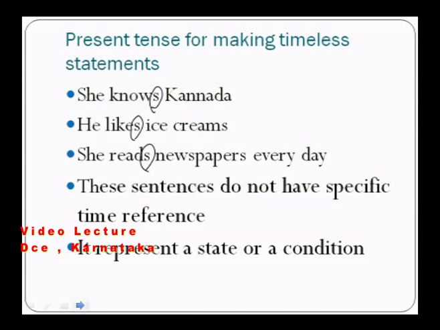Tumba kadime samayavanna cover agate. She knows Kannada, it is tumba kadime samaya. It is not like the previous set of examples wherein the sentences gave the intended meaning that it started from a remote past and extended up to where? To the distant future.